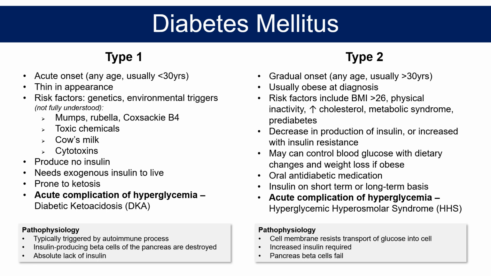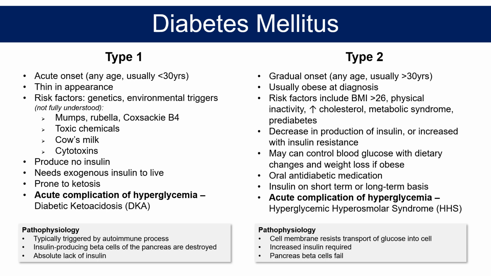The main difference between DKA and HHS is that HHS doesn't have a pH difference. So you're not in acidosis with HHS. DKA, you're in acidosis. That is the main number one difference. The treatment is going to be very similar.